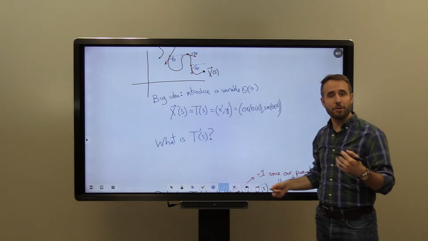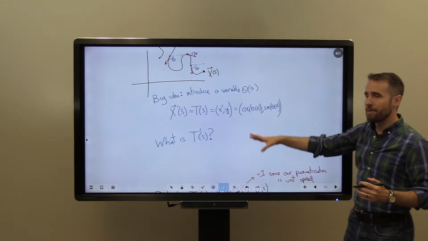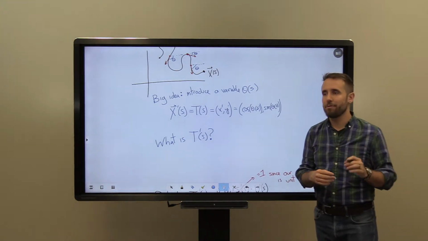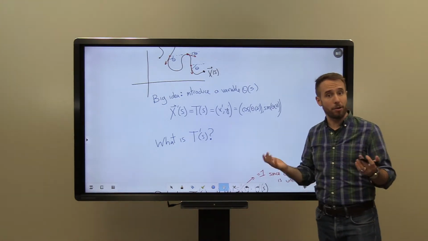And our big next question will be, based on this framework, what is t prime? We had to calculate t prime originally to talk about curvature.